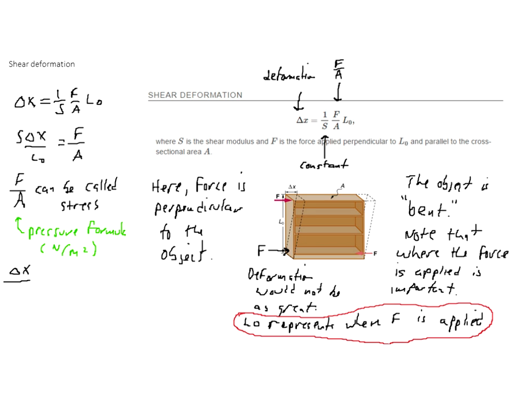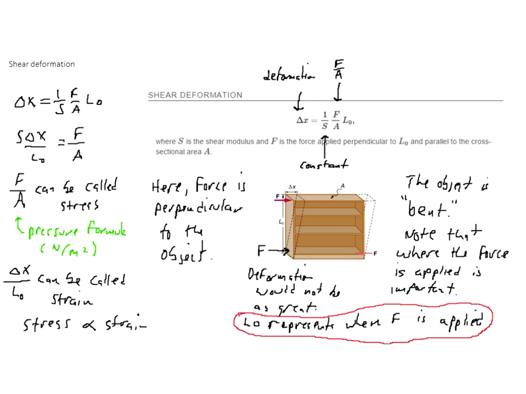This delta x over L0 can be called strain. So this tells us that stress is proportional to strain.